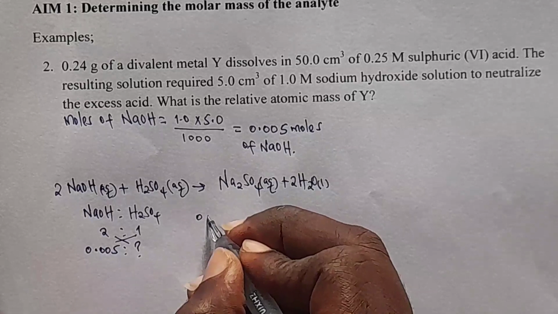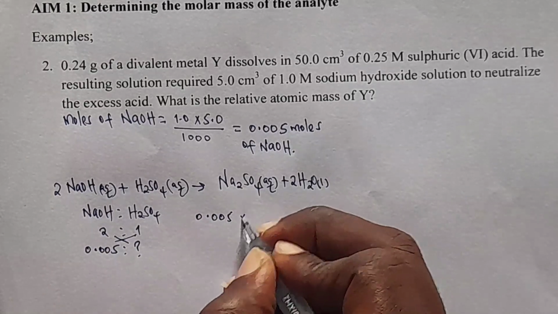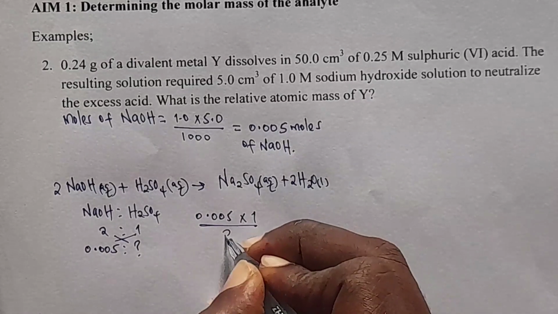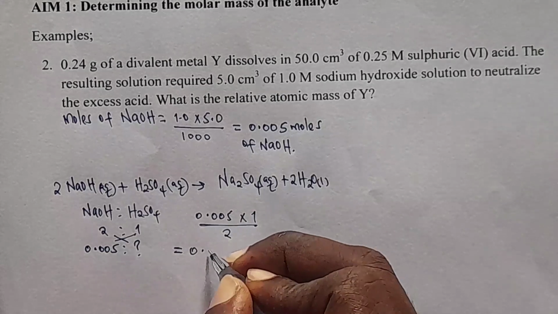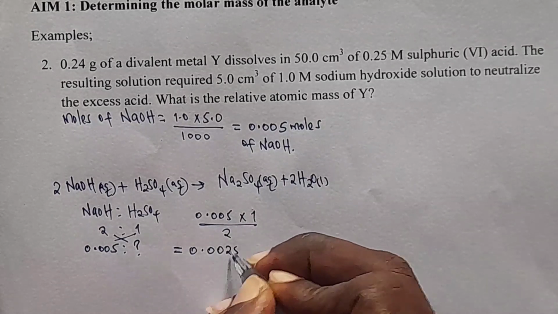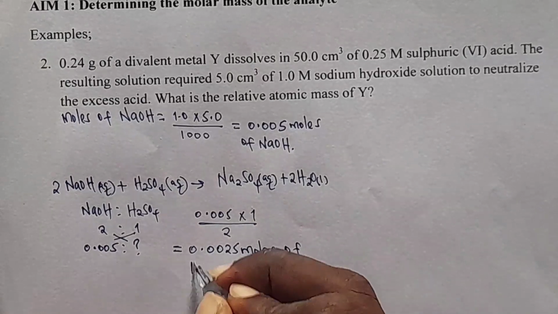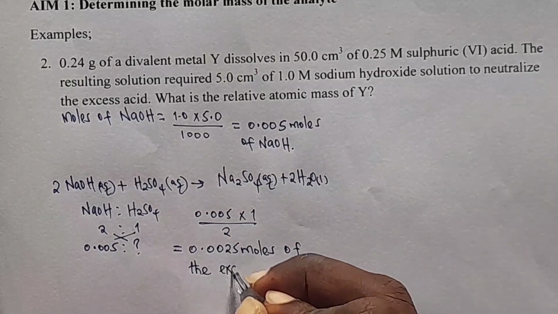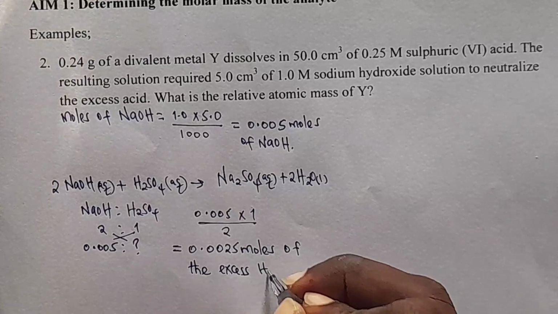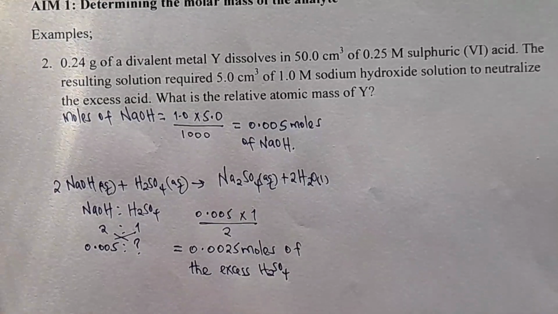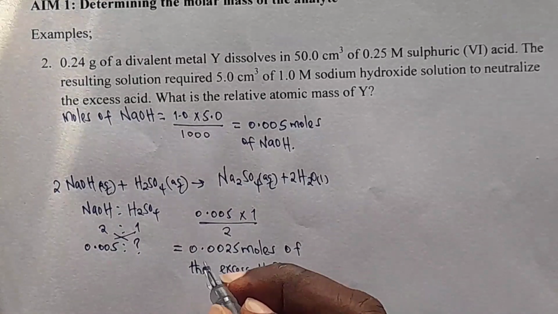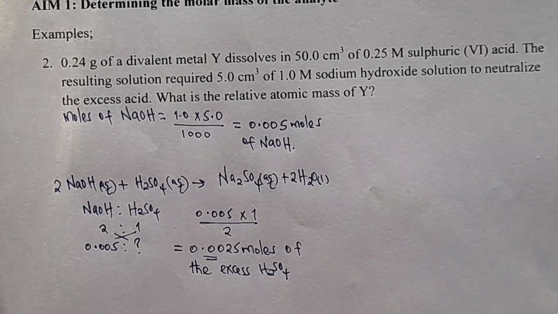This will be 0.005 times 1 divided by 2. This will be 0.0025 moles of the excess acid. The acid that we are talking about is sulfuric acid.